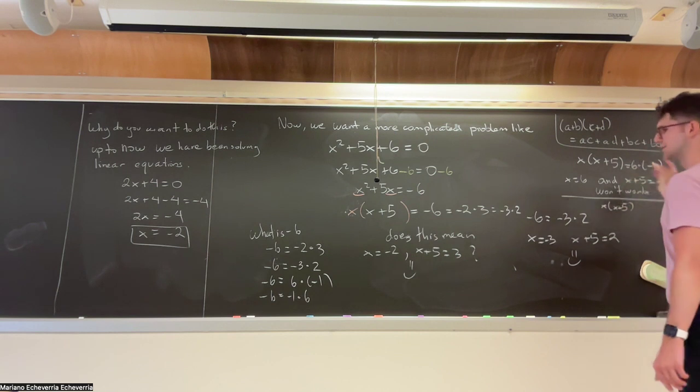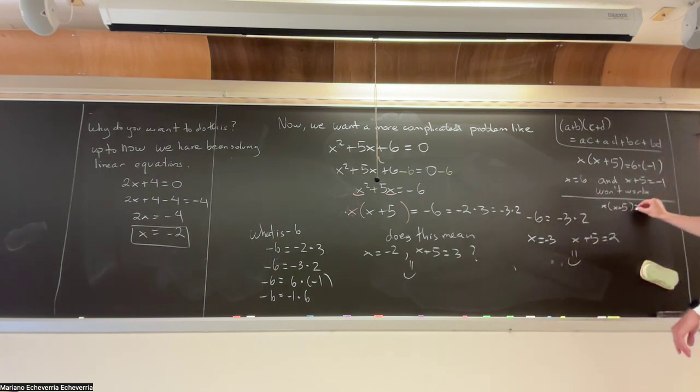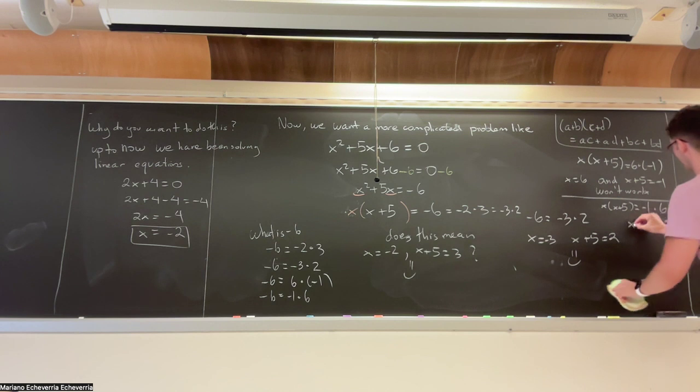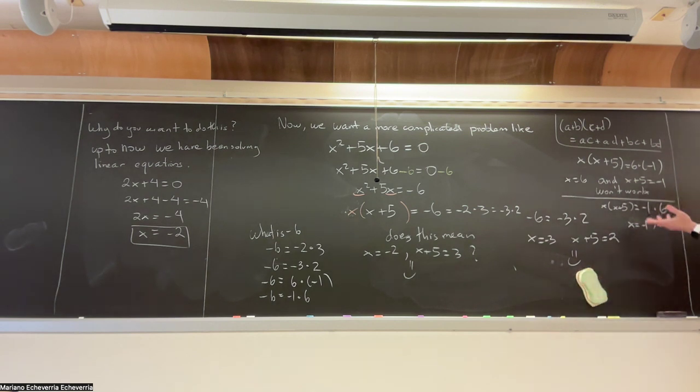It's a bit messy because this is not what we're going to do, but I'm just trying to show you some of the things you could have tried. Then you would say, well, maybe that means that x is -1 and x plus 5 equals 6, right? But again, if x were -1, then x plus 5 would give you 4, not 6. So this one also wouldn't work.